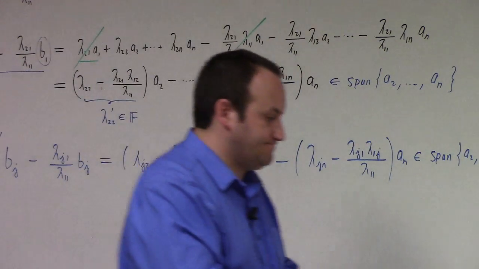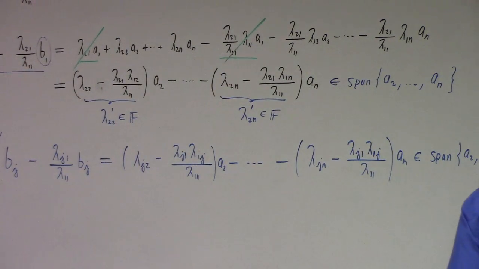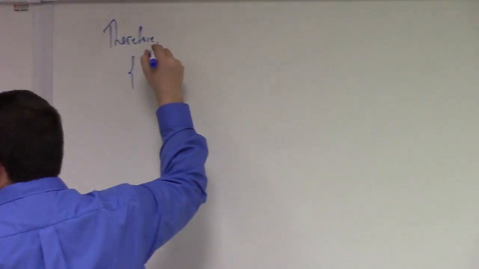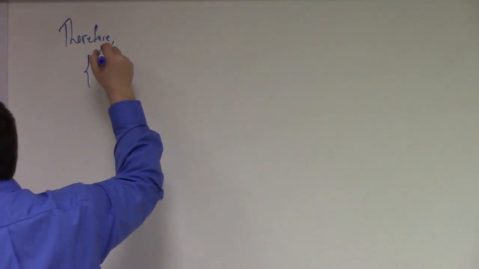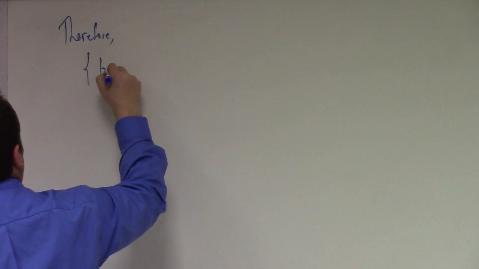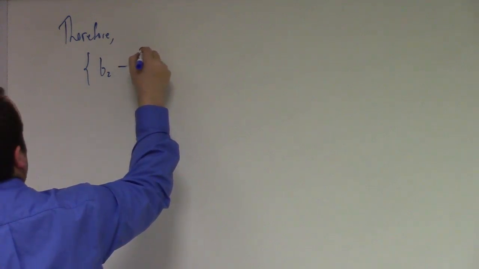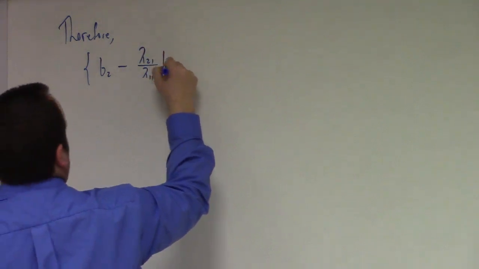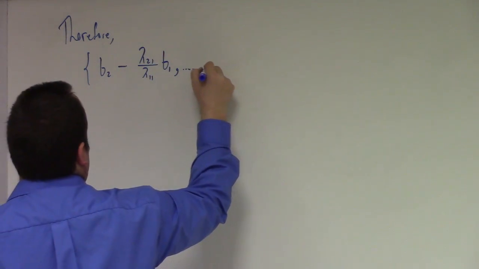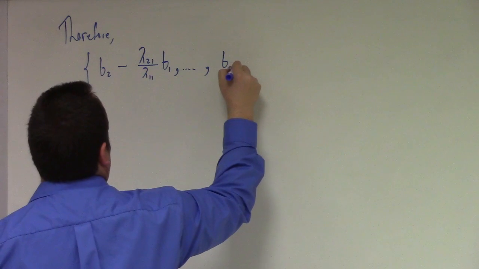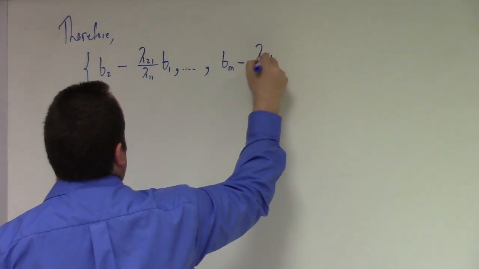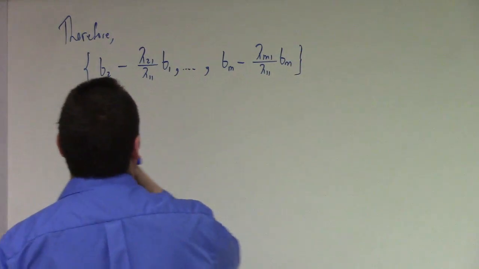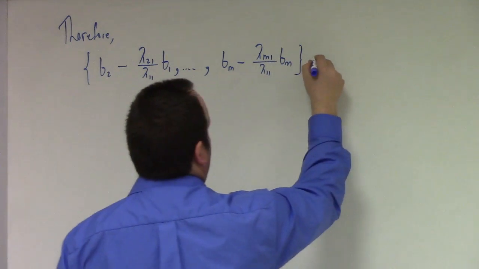All right. Therefore, collect our thoughts here. We've got b2 minus lambda 2,1 over lambda 1,1 b1, and so forth and so on, all the way down until we finally get to bm minus lambda m1 over lambda 1,1 b1. This is an element of what?